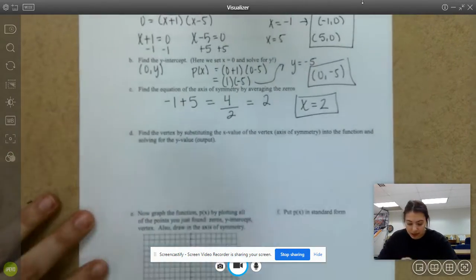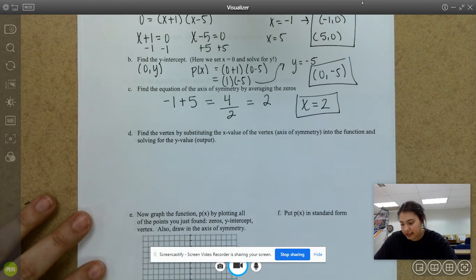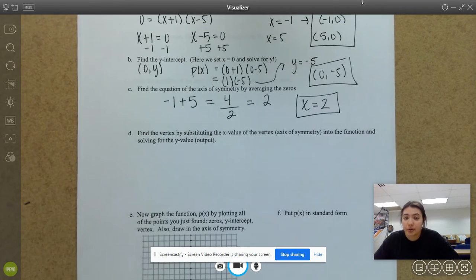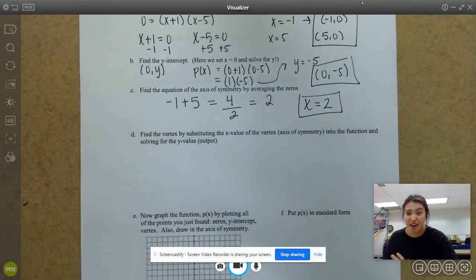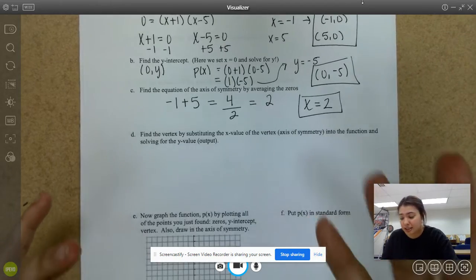For part D, we find the vertex by substituting that x value from the axis of symmetry into the function and finding the y value. Nothing new, we've definitely done this before.